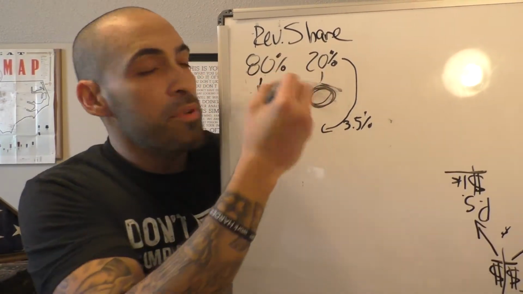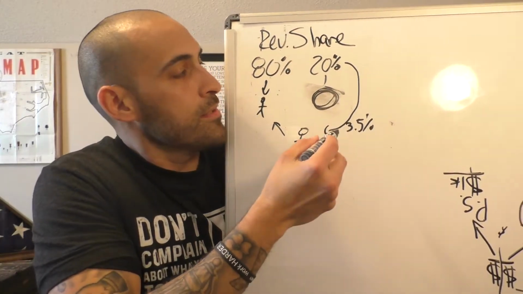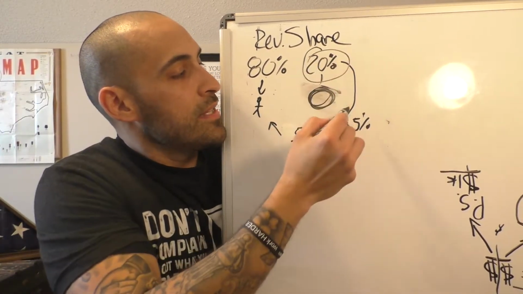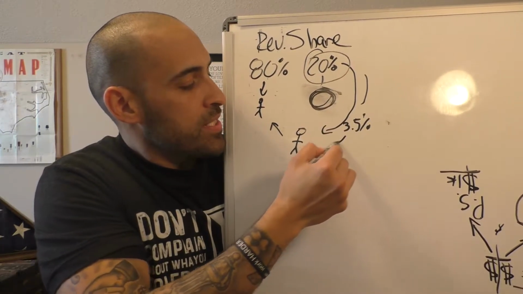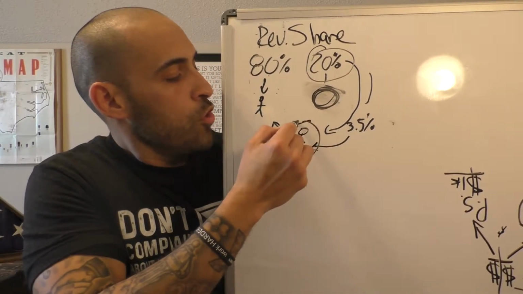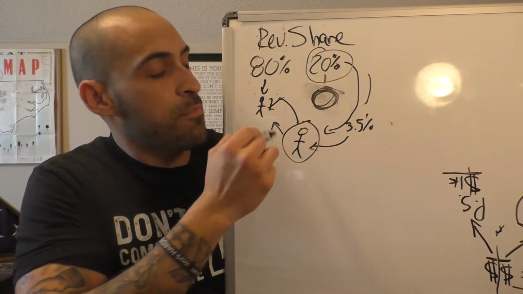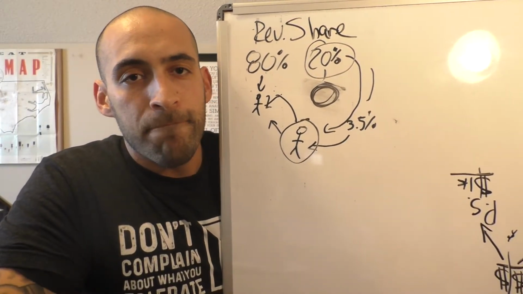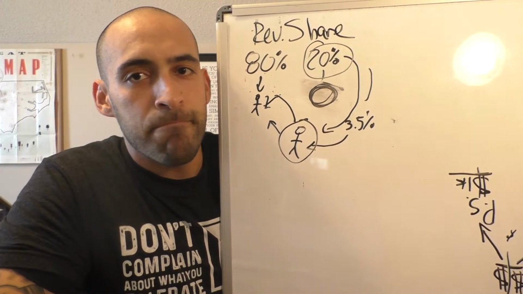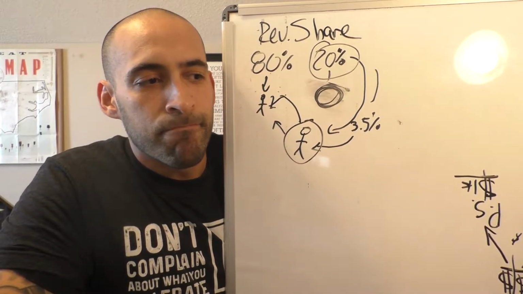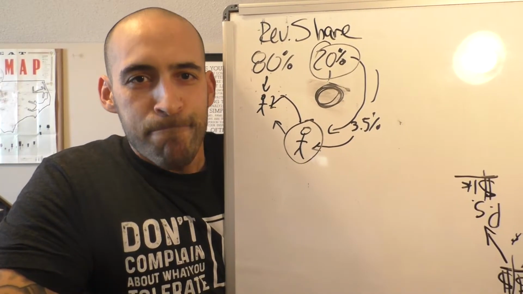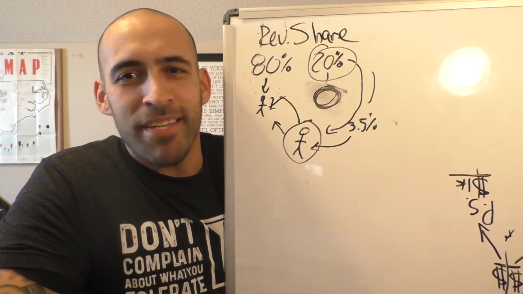So 3.5% of however much it is, eXp is going to pay off 3.5% to this person who brought this person on to the company. That's revenue share. That's it. Gets cut straight from the top.